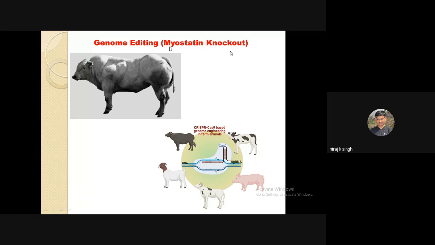If you remove this myostatin protein, the animal will have uncontrolled, very high muscle mass. This can be achieved by removing the myostatin gene. So myostatin knockout can be used for producing animals with high muscle mass, and animals used for meat purposes are nowadays produced by the myostatin knockout process.